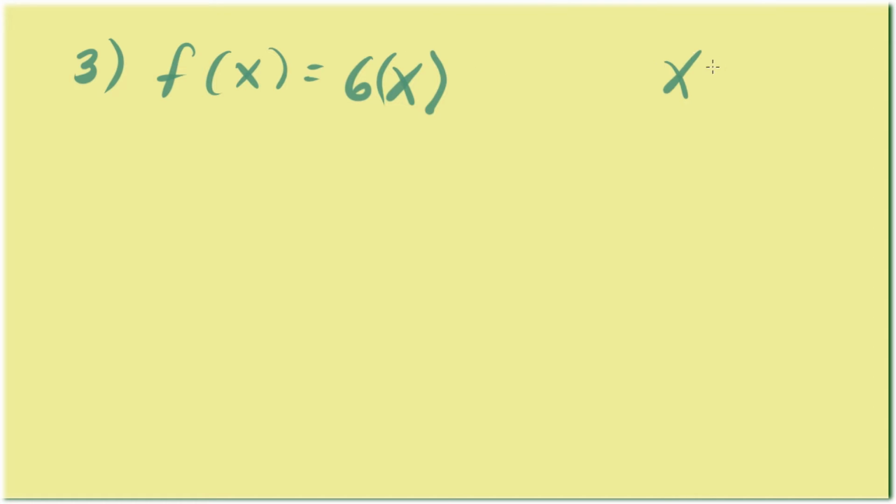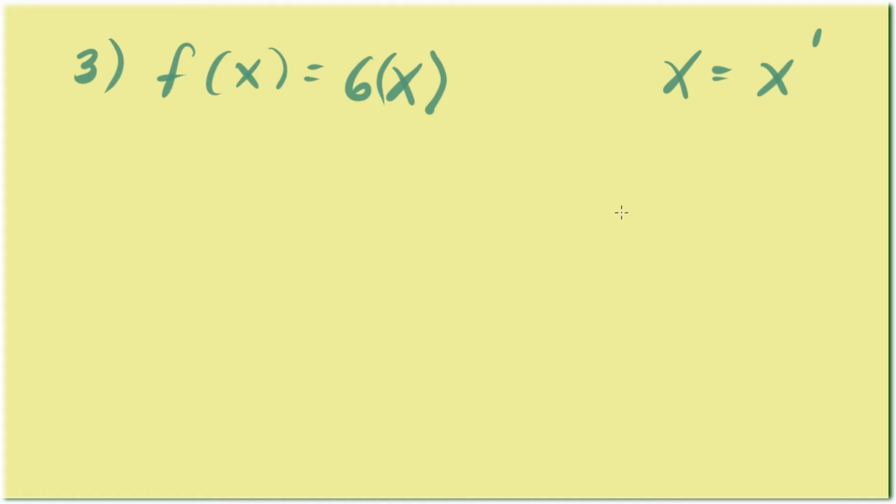Let's say you have this given function, 6x. Now we have a variable here, which is x. We know that x means x to the first power, okay?